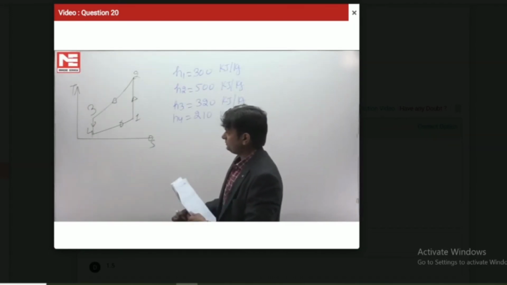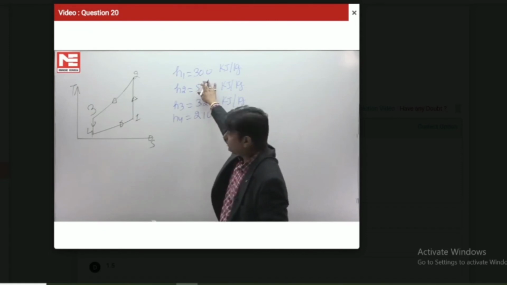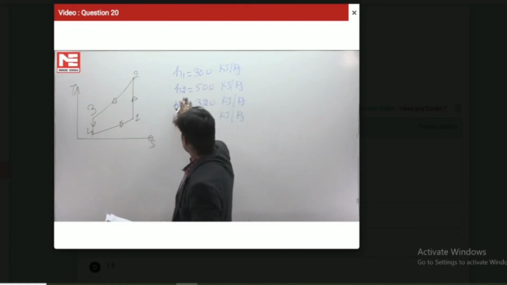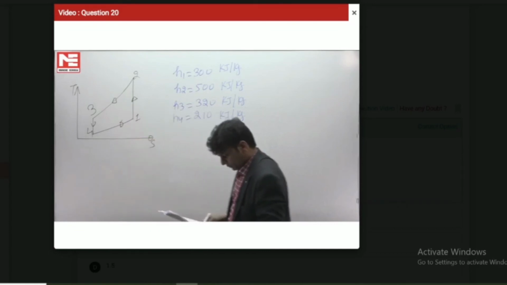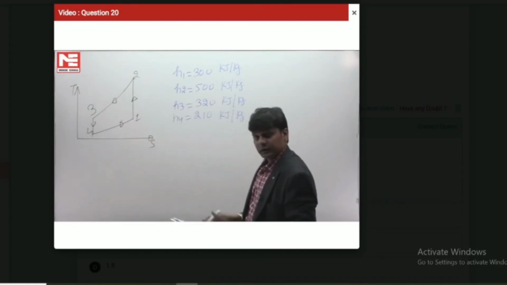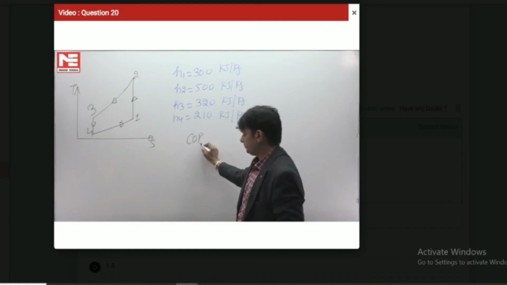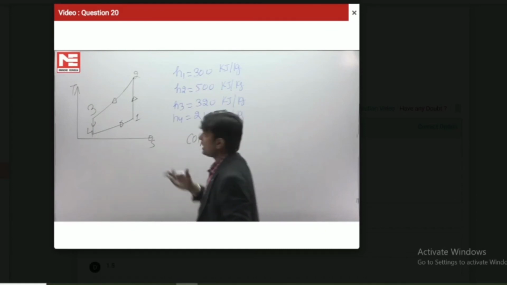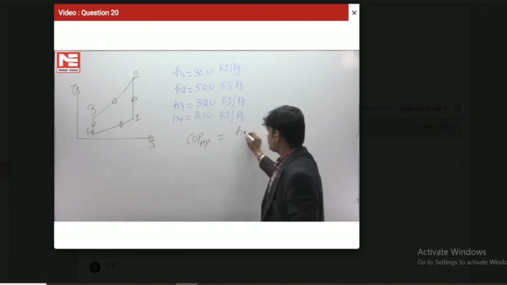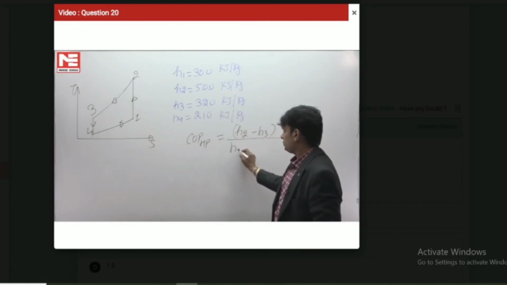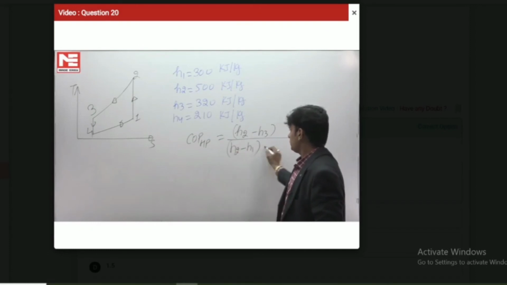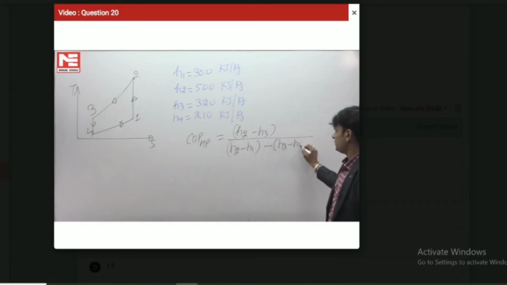So in this case, the values of enthalpies are given. H1 is 300, H2 is 500, H3 is 320, and H4 is 210. But we have to calculate the COP of heat pump. Okay, heat pump. So in the case of heat pump, our desired effect is heat rejected, which is given by H2 minus H3, divided by work input, H2 minus H1 minus H3 minus H4.